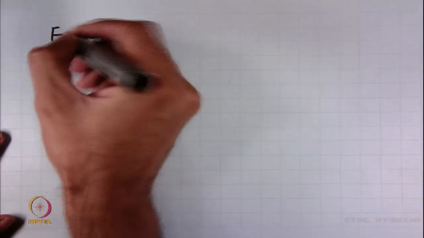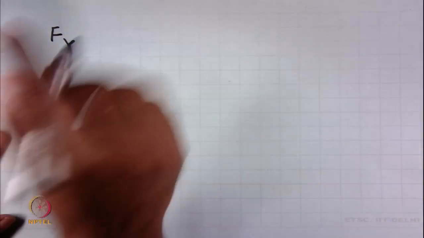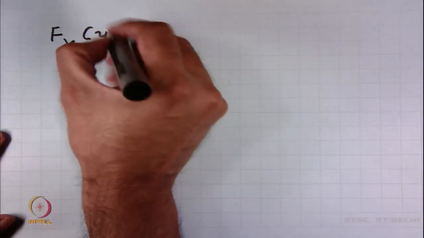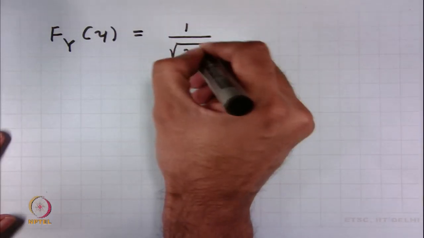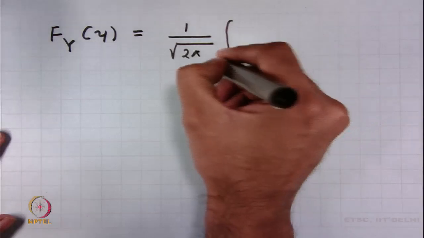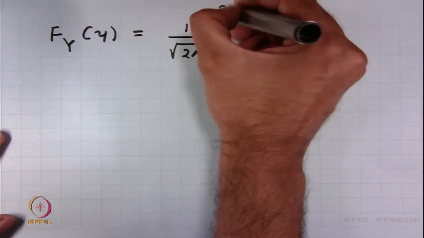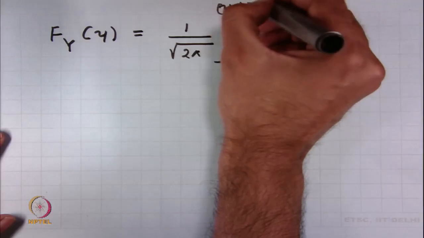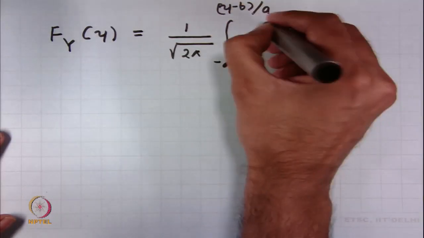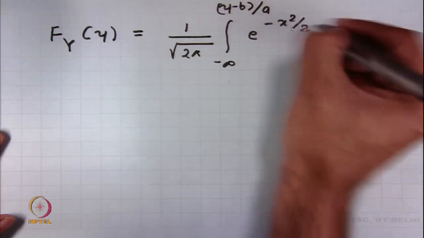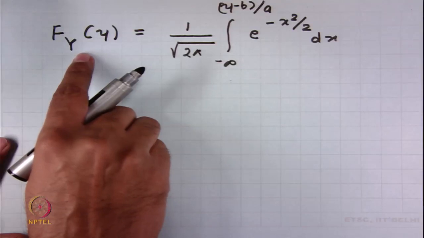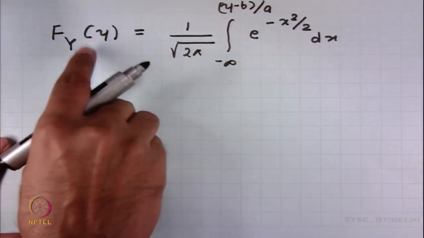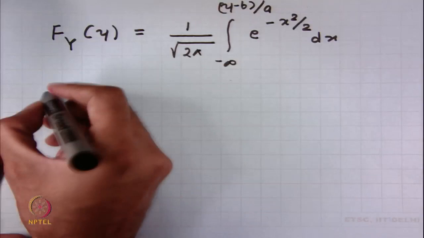What I have written is, I have said that the probability that random variable y takes in a value less than y is nothing but this. And you know how you can get the PDF from this expression? We simply have to differentiate this with respect to y.